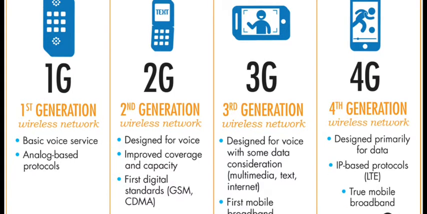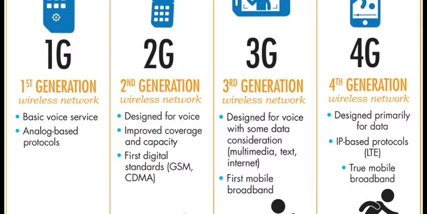Talking about the different services in each generation, in generation 1 only basic phone calling was possible and there was no security as such. Then came 2G and there was an improvement in the quality of voice. Now we could also transfer text as well as MMS, which were small pictures.